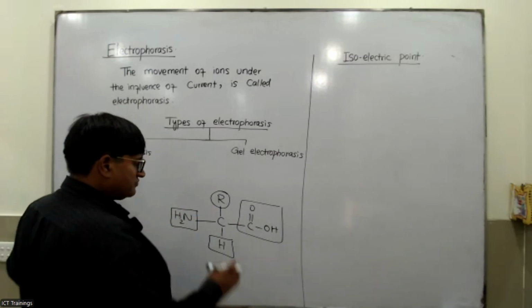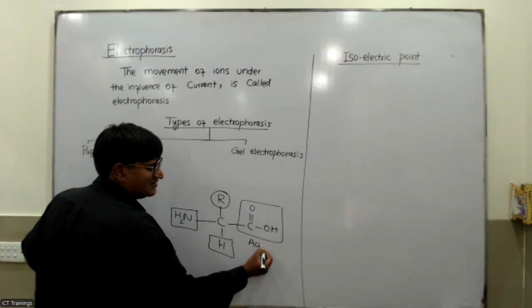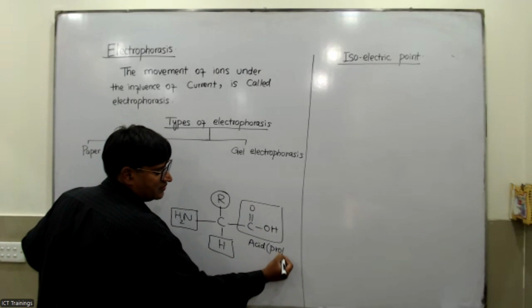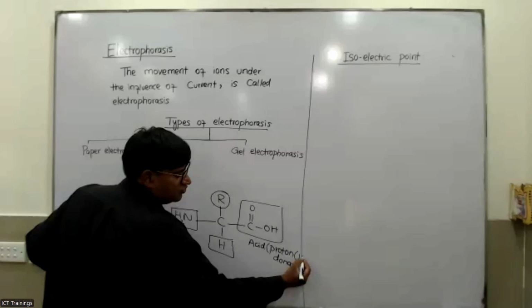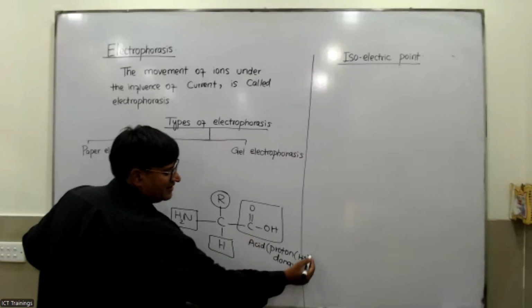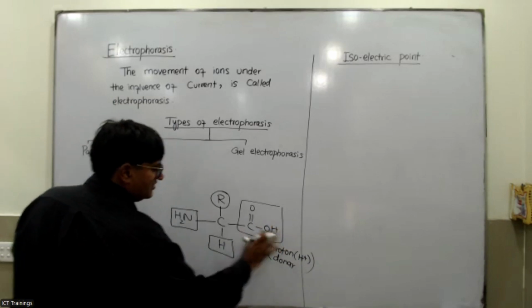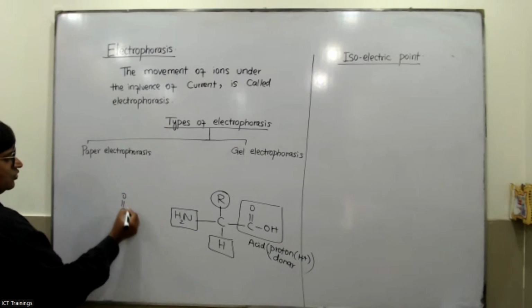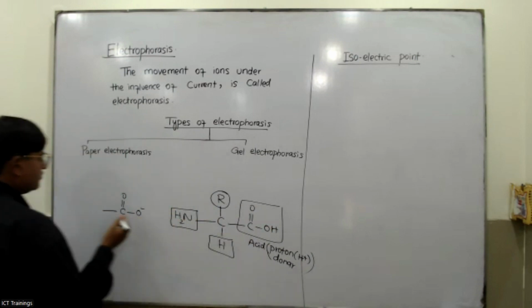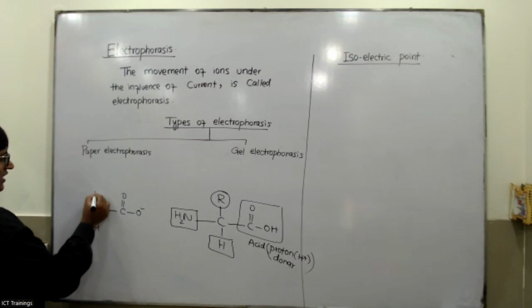Now this is the acidic group. Acid is actually the proton donor, meaning it is going to donate the proton. So this group is going to form C double bond O and O minus, because it has donated its proton to the water. Then you have carbon, hydrogen, and R.